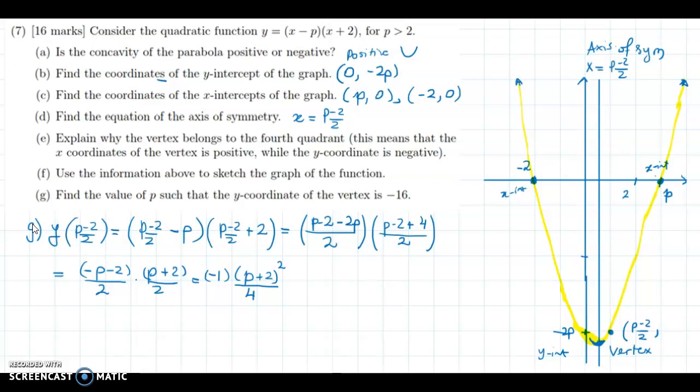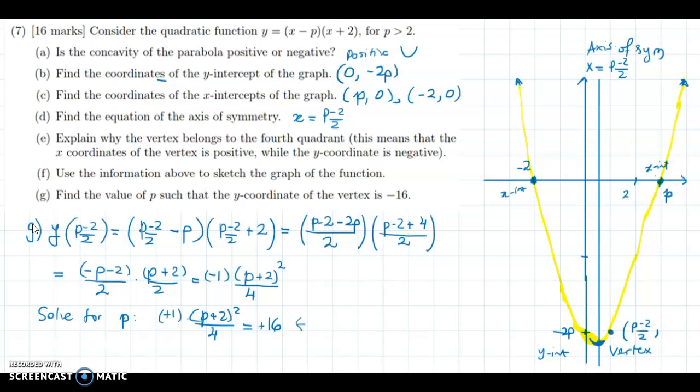Right now I want to solve for p when negative 1 multiplied by (p plus 2) squared over 4, so the y-coordinate of the vertex, is equal to negative 16. I'm going to divide by negative 1 on both sides to begin with.